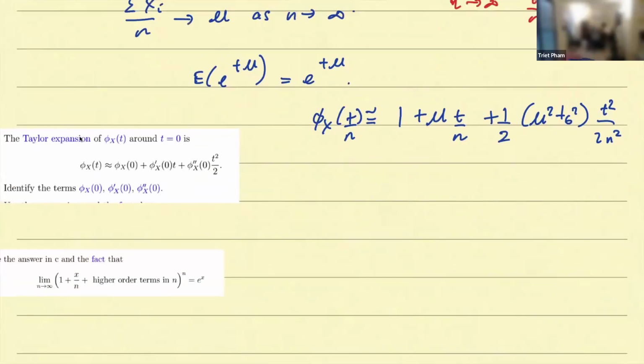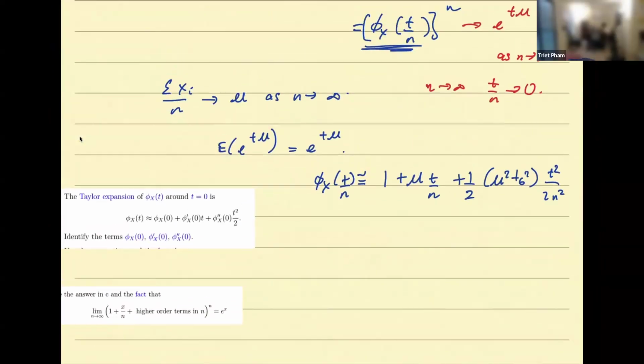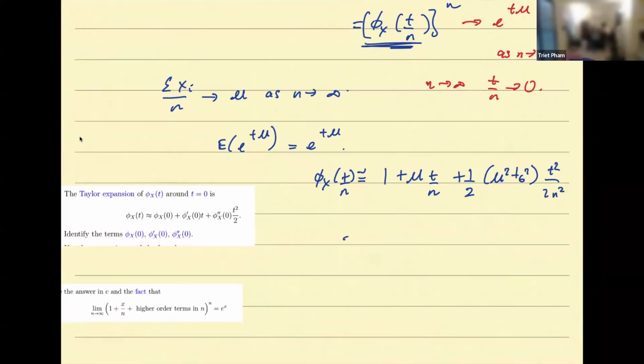Okay, so now we have this raised to n. So you see, if you compare this, here x is t over n. And then we actually don't need to care about this. We wrote it down, but this is the higher order term in terms of n.